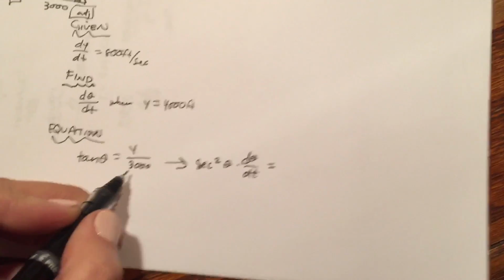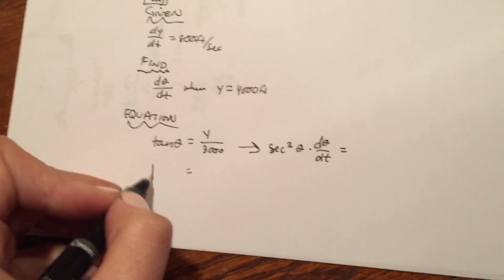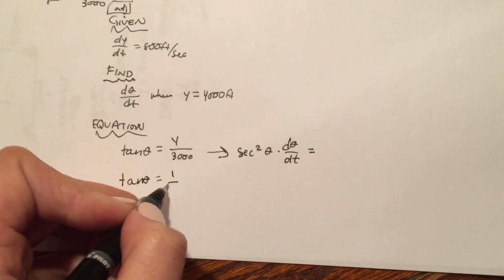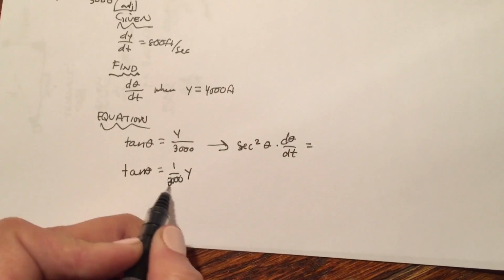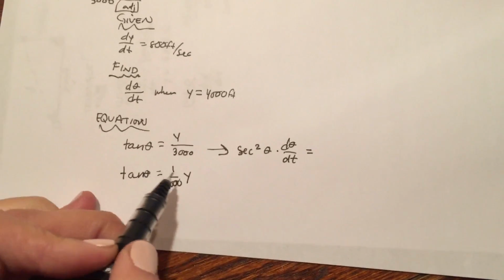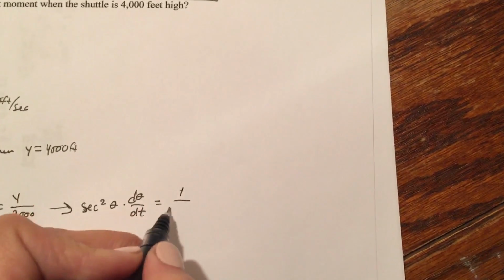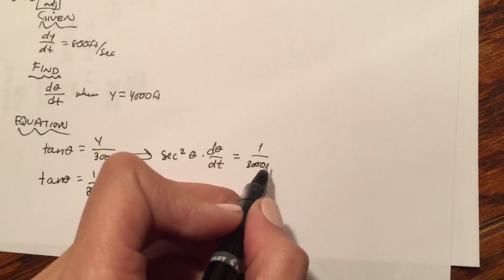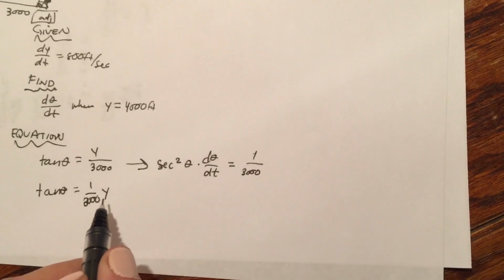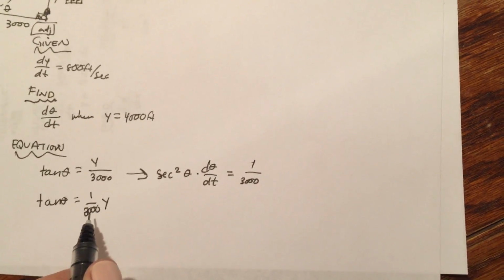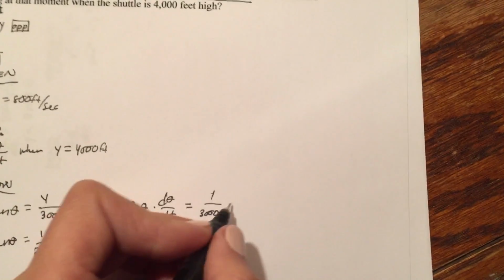And then equals, well, you can just rewrite this so you guys can see as 1 over 3,000 times y, right? So when you actually take the derivative of this side, you get the coefficient in front of it using that power rule. So it should be 1 over 3,000. But again, it's always with respect to time. So derivative of 1/3000th y is 1/3000th times dy dt.